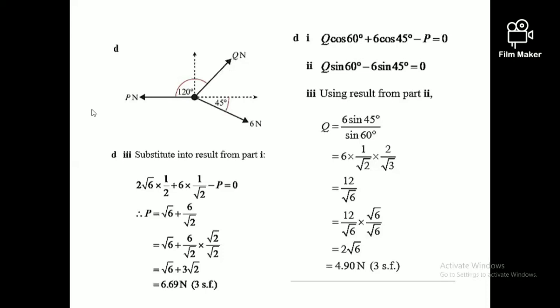If you consider the vertical forces, that is Q sin 60, because this angle is 60, minus 6 sin 45 equals 0. From the second equation, I can get the answer for Q, which is 2.6, because there is only one unknown, Q. So Q sin 60 equals 6 sin 45, therefore Q is equal to 6 sin 45 divided by sin 60. You can get the answer that way, right?